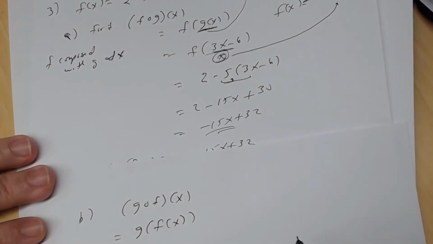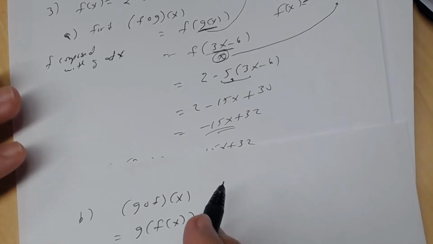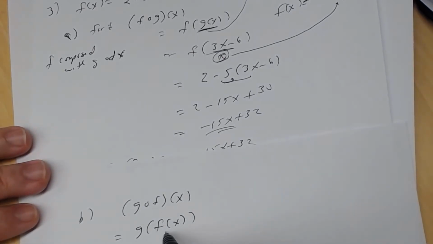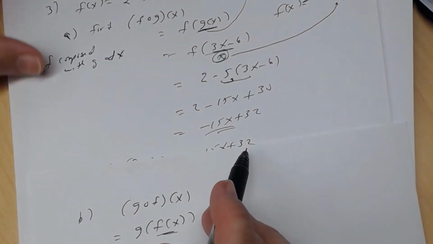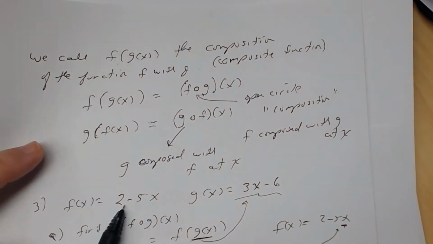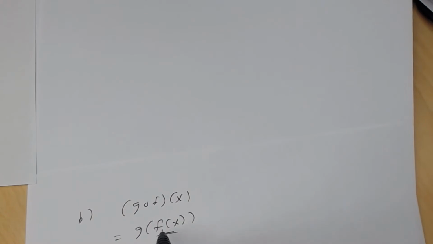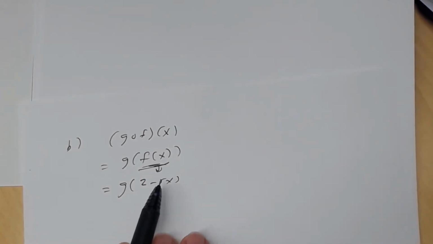I got to find that f of x first. Well, f of x is 2 minus 5x, so this becomes g of 2 minus 5x.